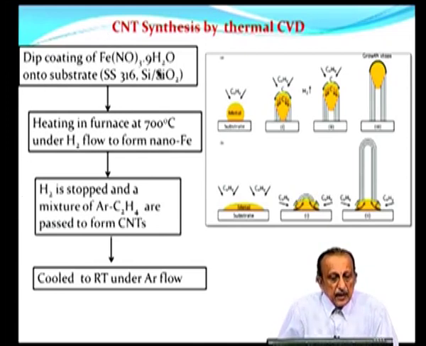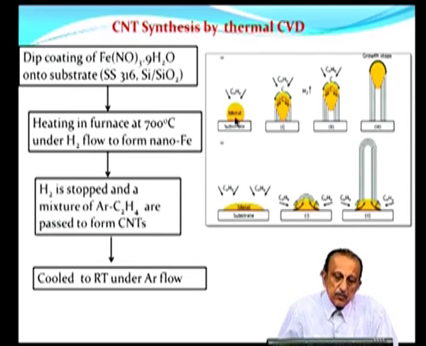So, in practice something like this is done. One takes ferric nitrate and decomposes it to give iron particles on a substrate like silicon that is kept inside the furnace. That is the first step.